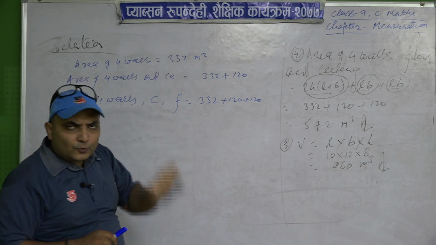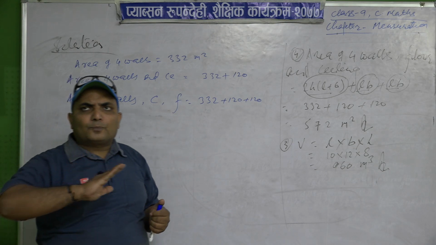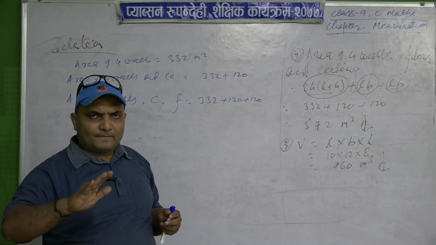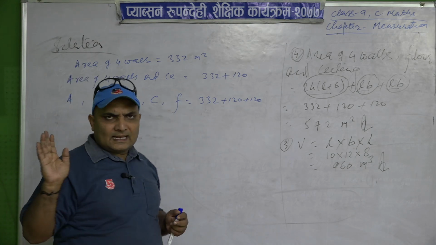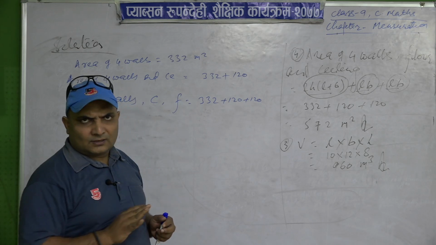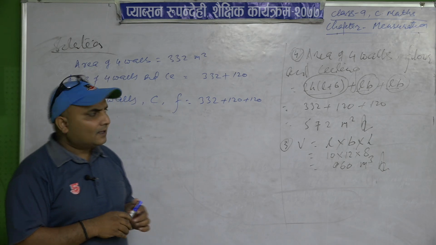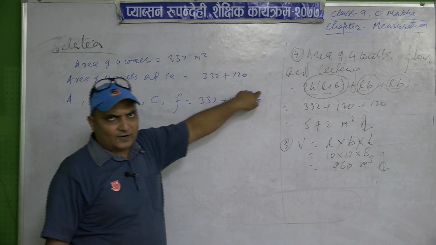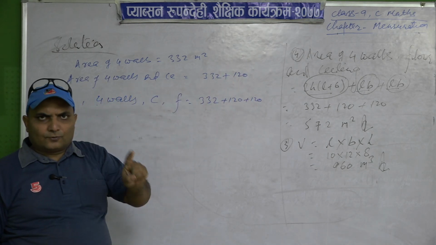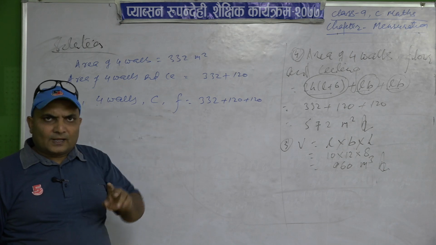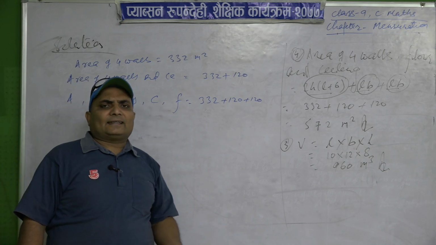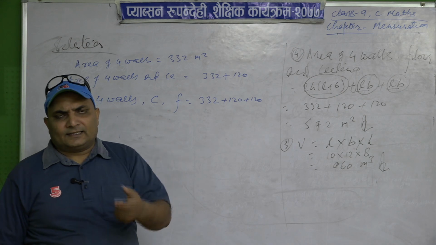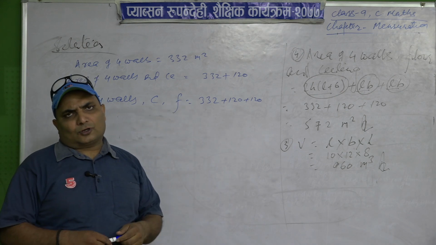Suppose we have to paint or plaster in 4 walls and floor, then which area should we have? The area of 4 walls and floor. This area we have to find out first, the area of 4 walls and the area of floor, and multiply that area by the given rate, then we will get the total cost.